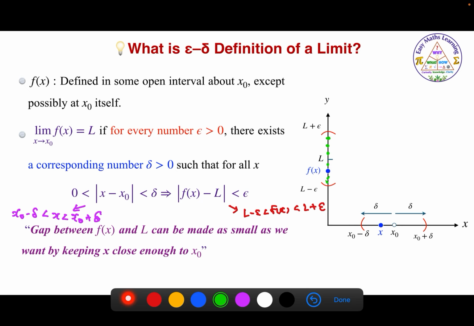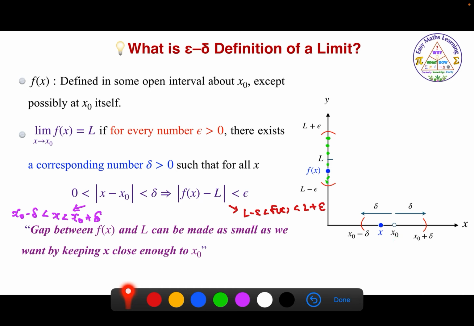And you see this vertical range is symmetric about L. Now for x, x lies between x naught minus delta to x naught plus delta. This is a symmetric interval, symmetric about x naught. But here x is not equal to x naught.